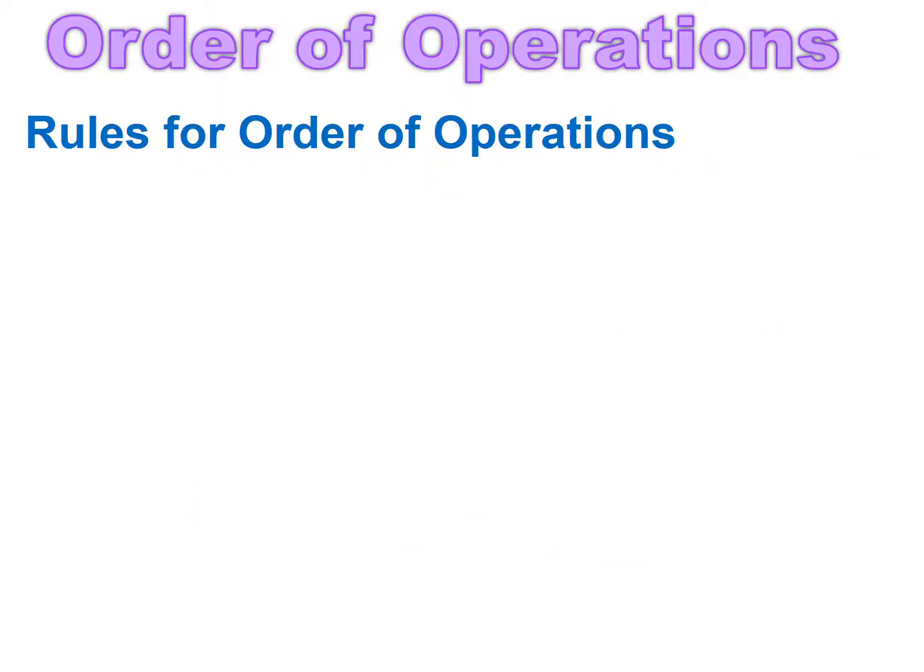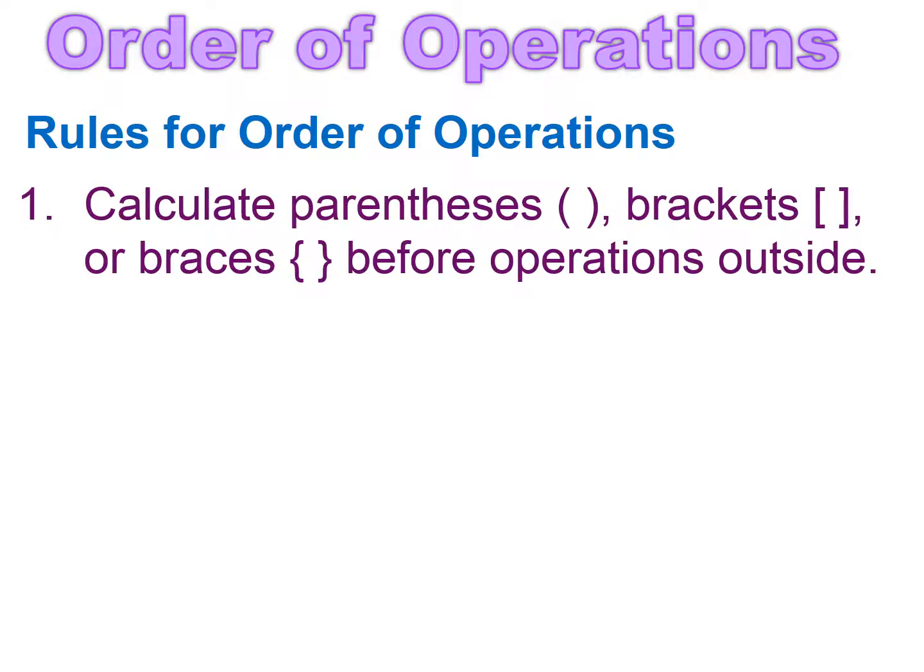Working with order of operations, the first thing you need to do is calculate anything inside of parentheses, brackets, braces, or any type of grouping symbols before you do any operations on the outside. So you want to simplify inside parentheses before you move on to the next step.